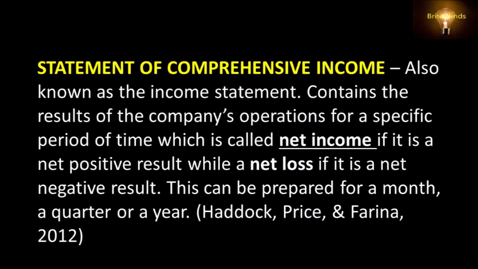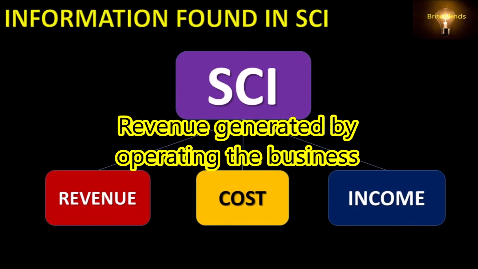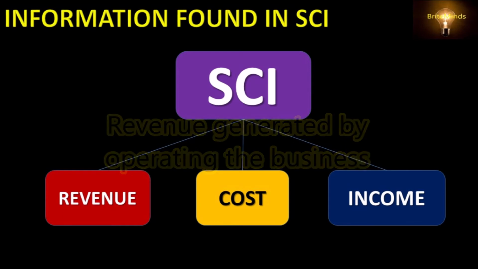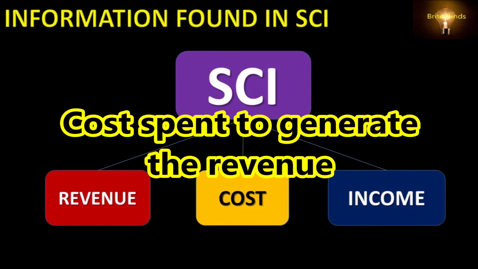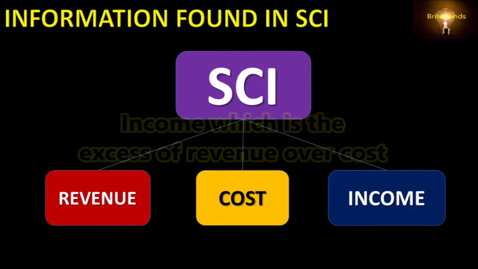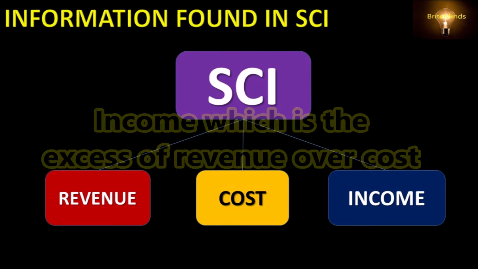So the statement of comprehensive income contains the following information: revenue generated by operating the business, the cost spent to generate the revenue, and income, which is the excess of revenue over cost.